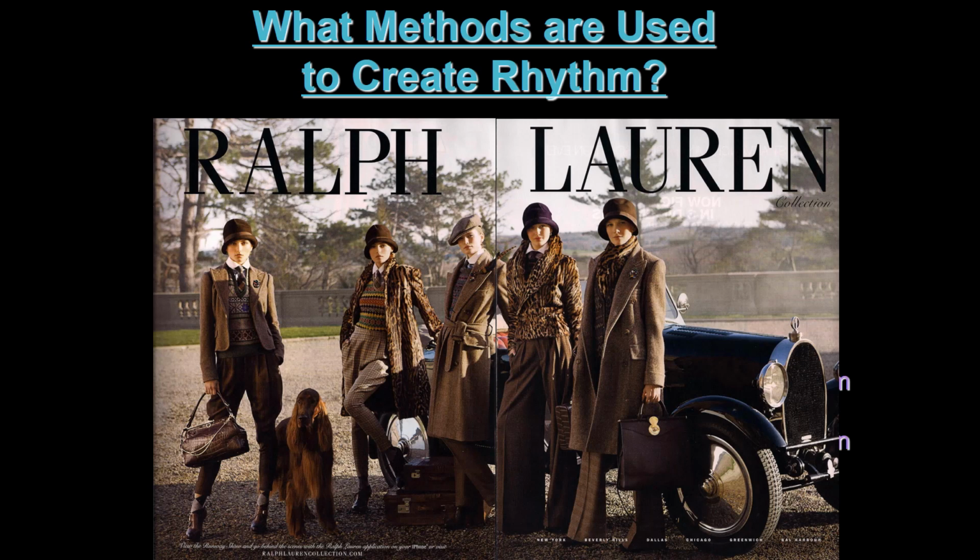I've got a person, a person, a person, a person, a dog, a person. So that dog breaks up this movement of our eye, all of a sudden creates something interesting and different and playful. I think we could go on about this advertisement for lots of different reasons, but we'll save that for another day.